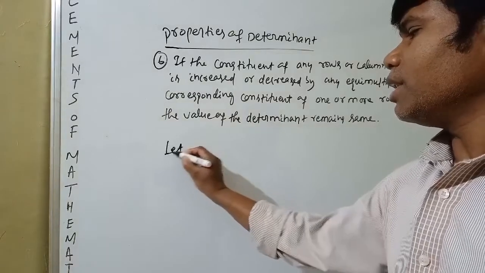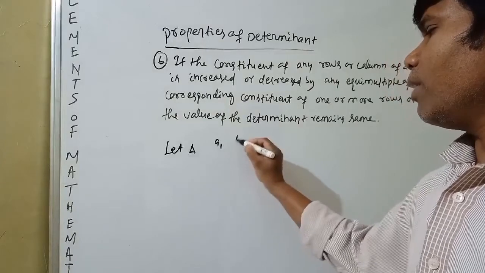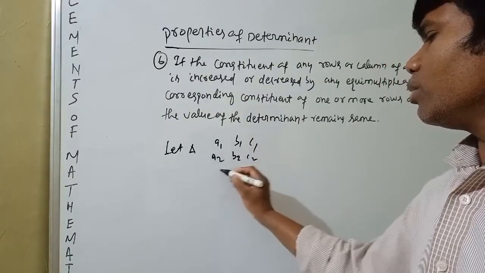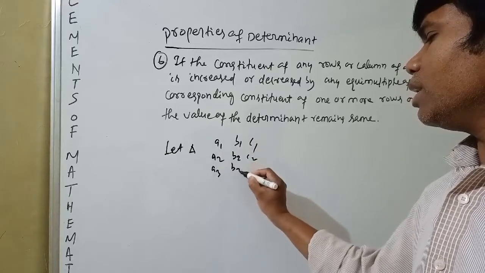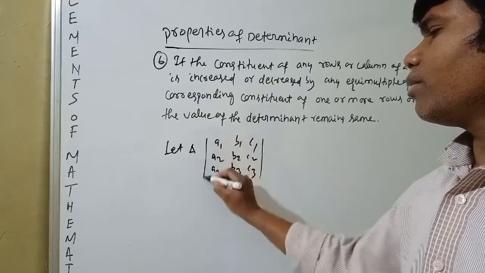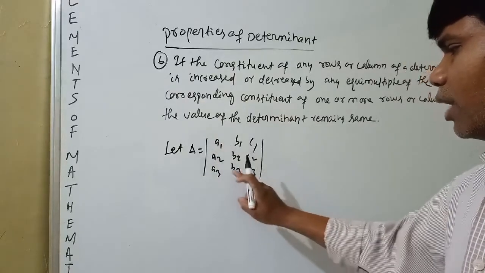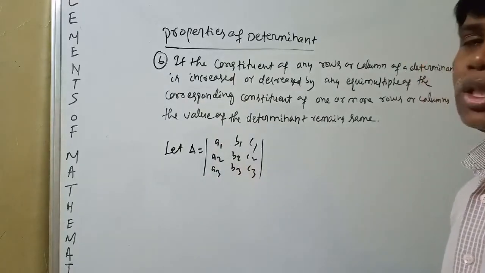Okay, let delta be equal to A1 B1 C1, A2 B2 C2, A3 B3 C3.